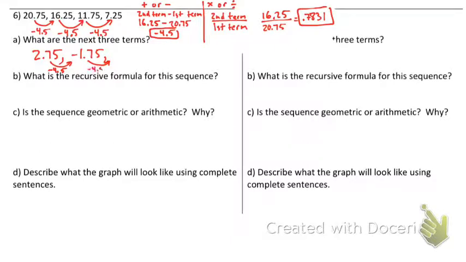Minus 4.5. And if you have a calculator, this is so much easier. And this is negative 6.25. So those are the part A. These are the three terms of my sequence. The hardest part was just trying to figure out how do I get from one term to the next. Okay? Here's a really fast way to do that. These two versions here. You just got to figure out which one's going to work.